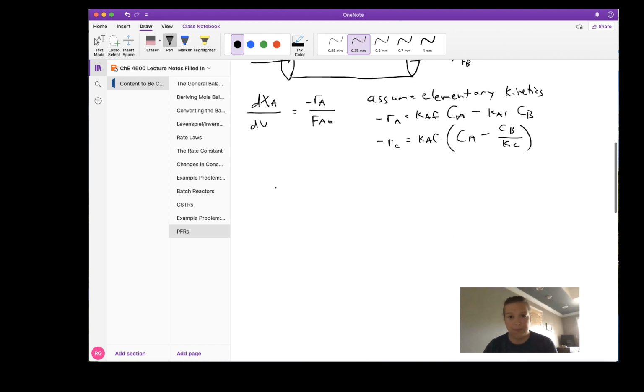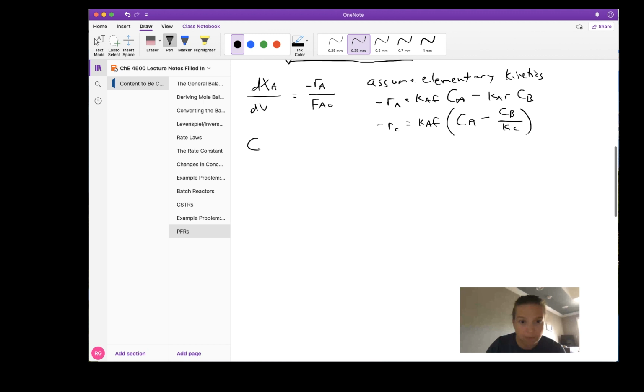Because of that, I can write C_A is equal to C_A0 (1 minus X_A). And since B is not fed to the reactor, I can say C_B is equal to C_A0 X_A. So now I have the concentrations in terms of conversion, and I can substitute that into my mole balance.